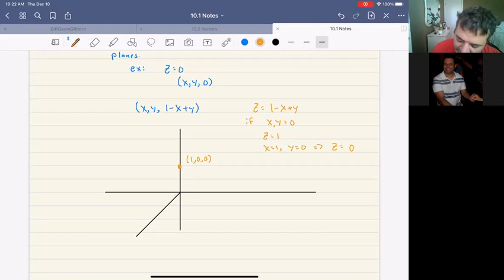So my next point is 1, 0, 0. So this was the point 0, 0, 1, and this gives us the point 1, 0, 0. Let me draw that here.